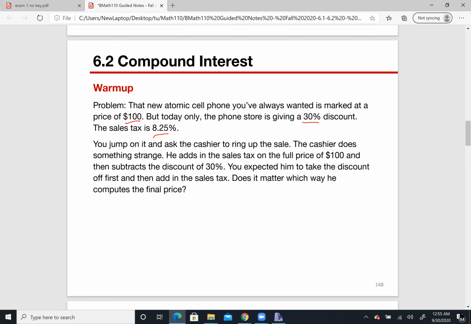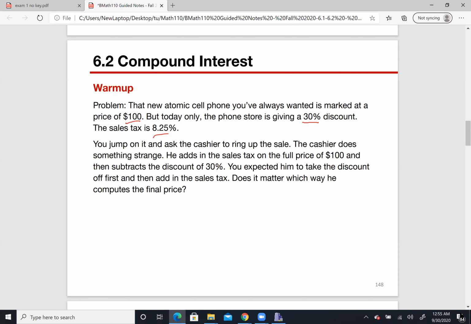Usually in the store they're going to add the tax first and then subtract the discount. But let's see which way is better. I believe that the way the store does it is better for them.